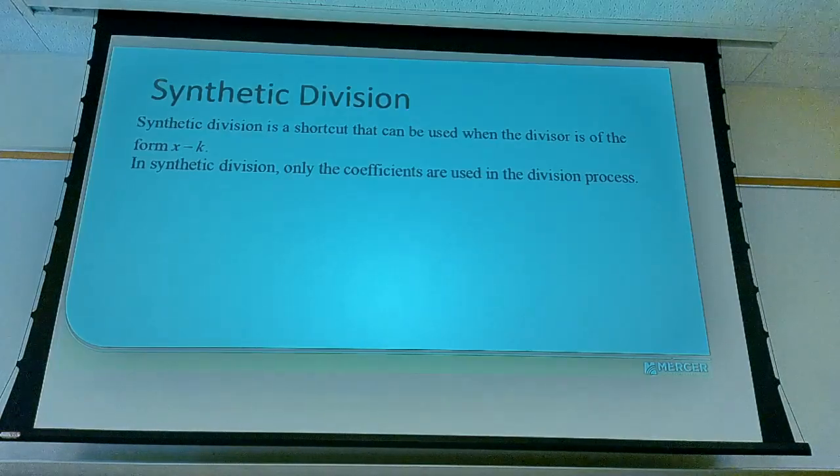Obviously we're going to have a mixture of synthetic and long division. Looks like there's only two problems that actually require long division. The rest can be done with synthetic.